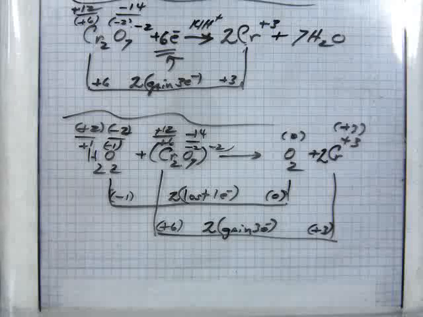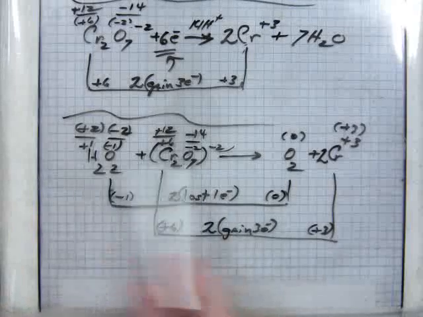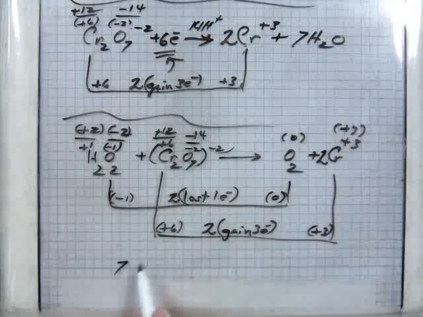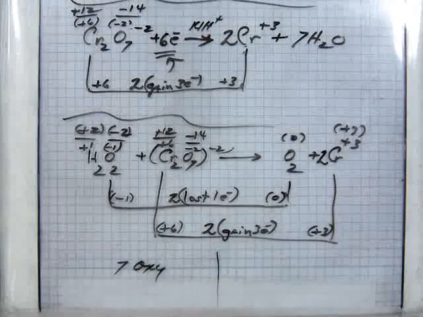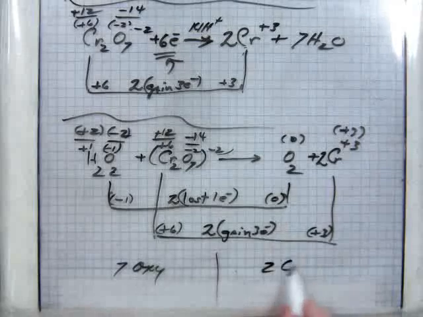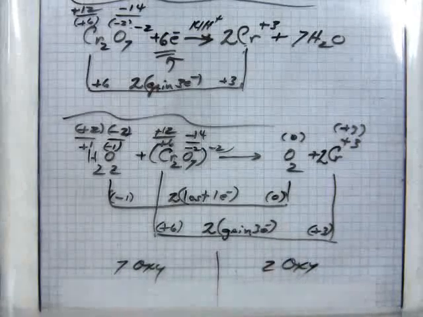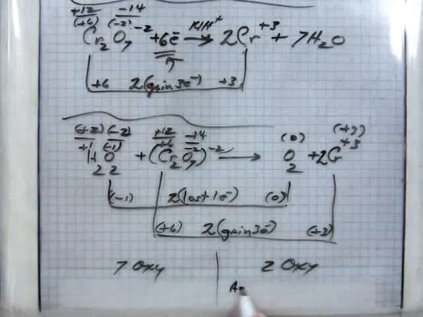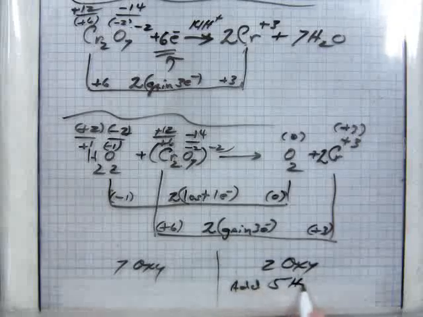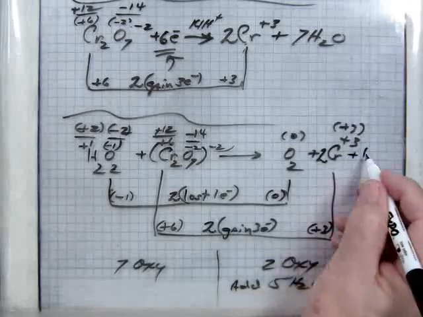So to the side needing oxygen, you add 1 water per oxygen needed. So when we look at this, how many oxygens do we have over here on the reactant side? And we have 2 on the product side. So I need to add 5 waters on this side.